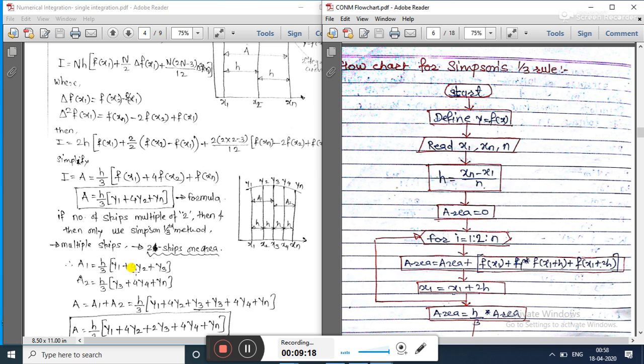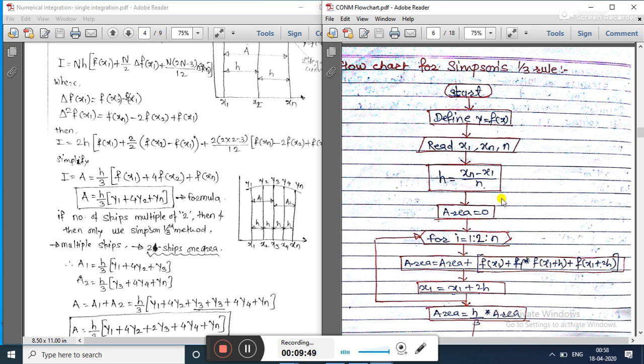Yes, y1 plus 4y2 plus y3 means f of x1 plus 4 into f of x1 plus h, that is x2, plus f of x1 plus 2h, that is x3. f of x1 is y1 plus 4, f of x2 is nothing but y2, 4y2, plus f of x3 is nothing but y3. y1 plus 4y2 plus y3 plus 0, it is the first area.